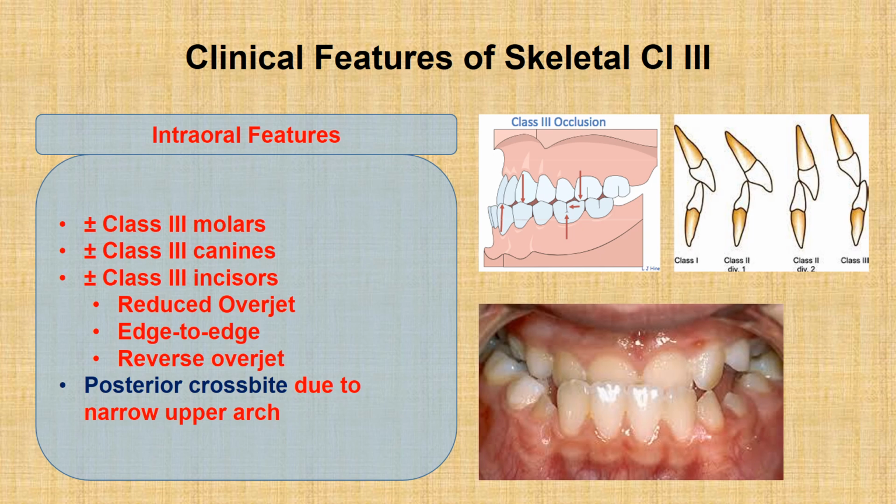Now, there may also be a crossbite due to a narrow upper arch. This happens when the maxilla is retrognathic and small.